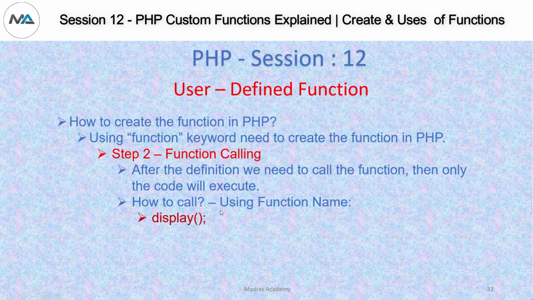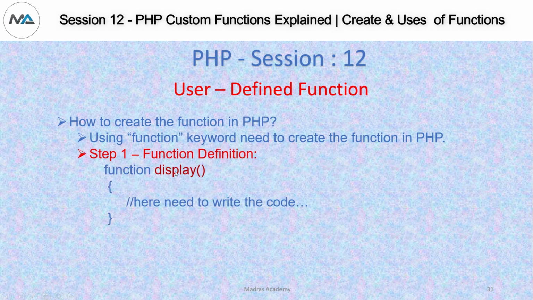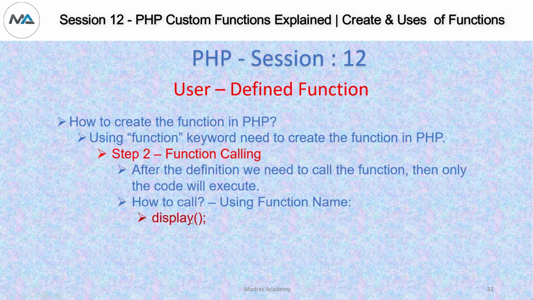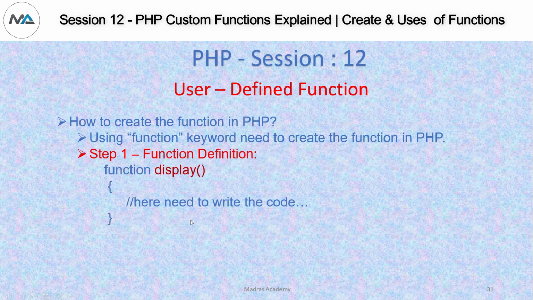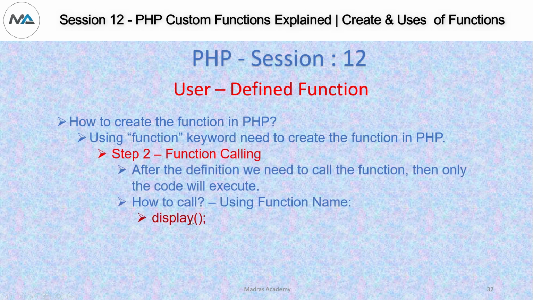So how to call that function? Using the function name we need to call. And what is the function name? Display, right? So using this name, I call the function. Once I call the function, we need to put a semicolon here. This is the function definition and this is the function calling method.